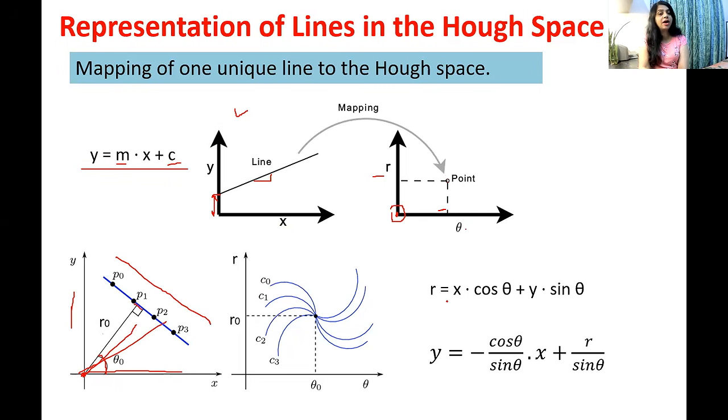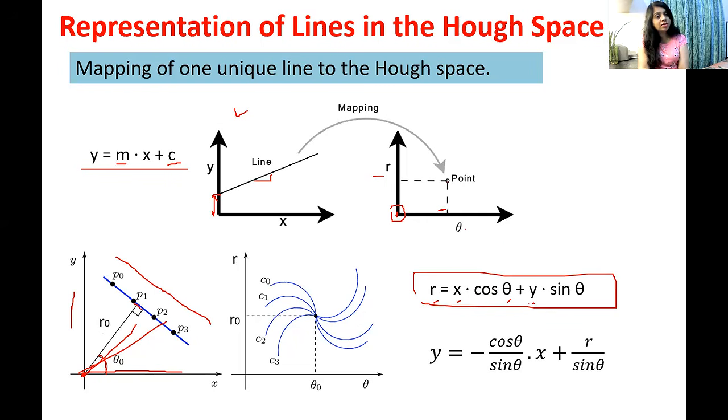There is an equation: r equal to x cos theta plus y sin theta. Now you know what is r, what is theta, what is x, and what is y. This equation is used to convert xy space into r theta space.